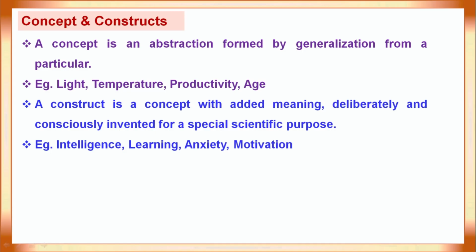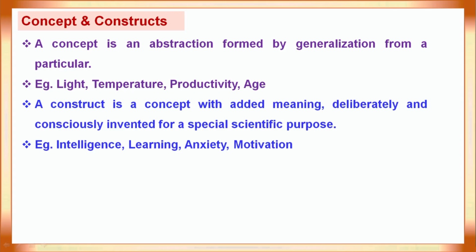What is a construct? From the sociological or behavioral sciences, take the examples of intelligence, anxiety, motivation. Can you equate these with concepts like light, temperature, productivity, age? No, because these are not directly measurable or observable.